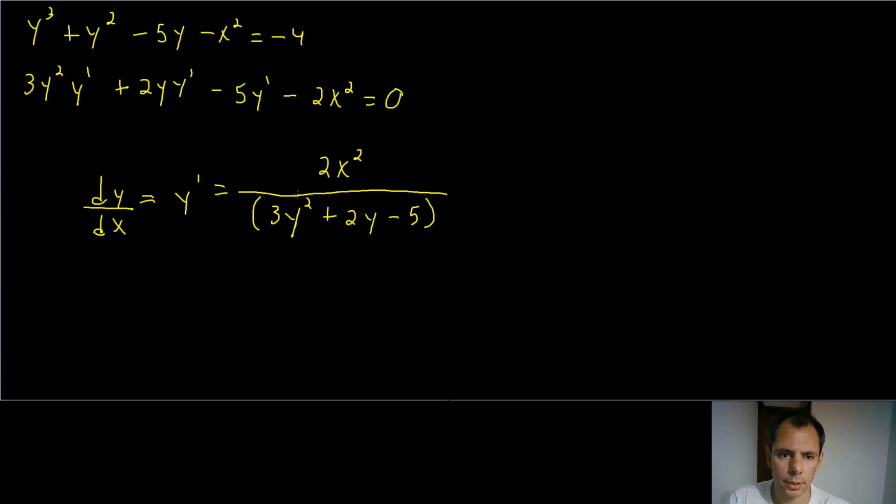Let's do a little more. Here you have x squared plus 4y squared equals 4. Differentiate everything with respect to x.